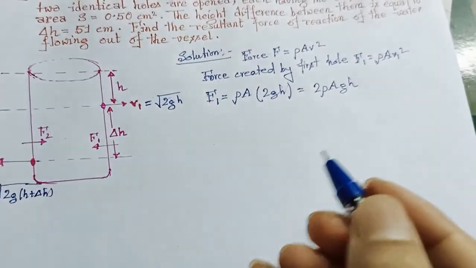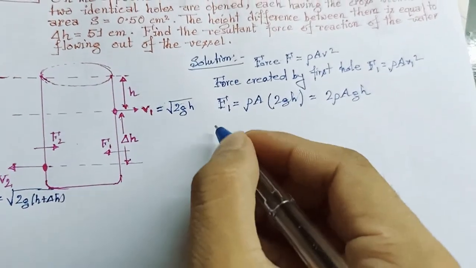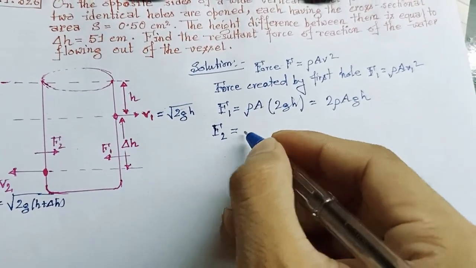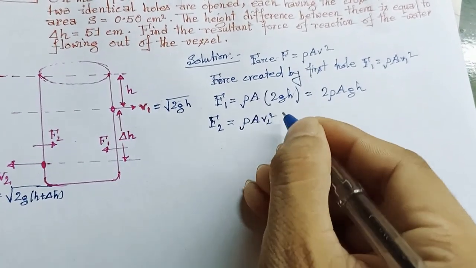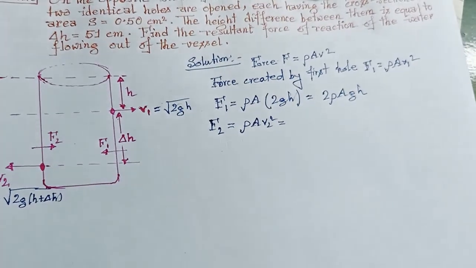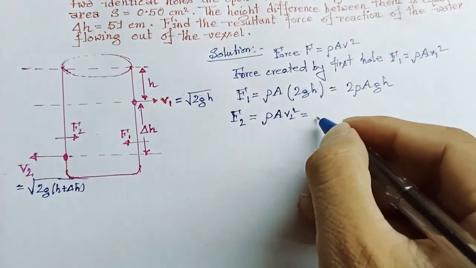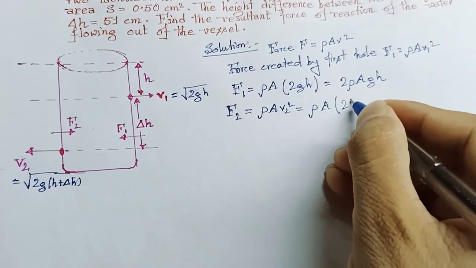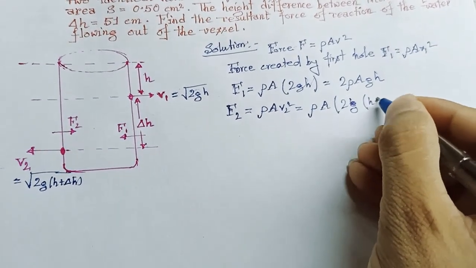Now the force exerted from the second hole, F2, will be equal to rho A v2 squared. So if we substitute the value of v2 from this equation, then we will find that it will be rho A into 2g into h plus delta h.